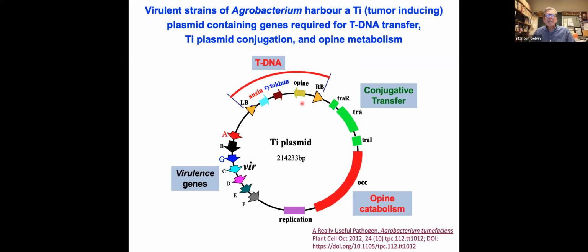Plants normally never make opines, and plants can't use opines. However, the Agrobacterium strain that incites a tumor making these opines can catabolize them using genes on the Ti plasmid. Most soil organisms cannot utilize opines. So Agrobacterium is genetically engineering plants to make opines, which serve as food for the bacterium, and very few other organisms in the soil can utilize opines, so it gets an ecological advantage.